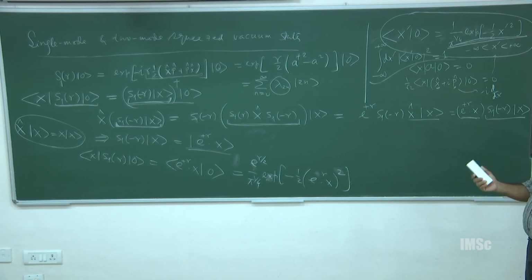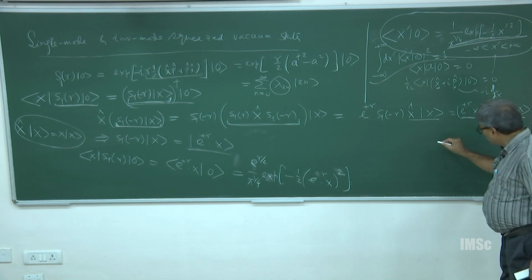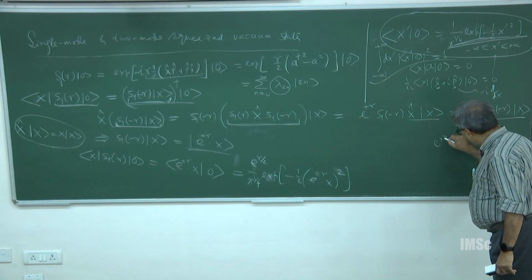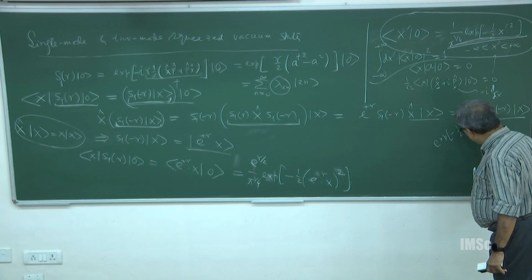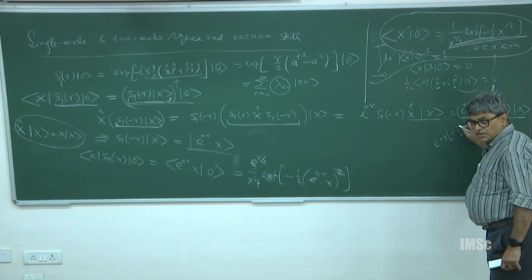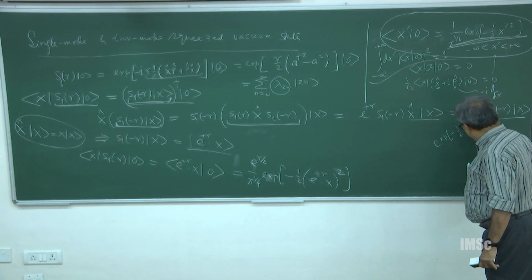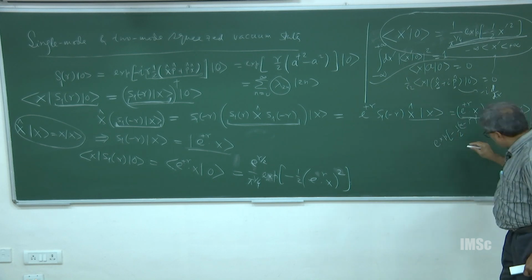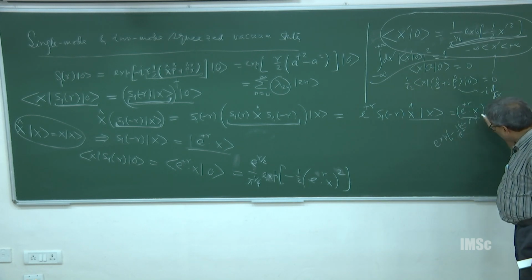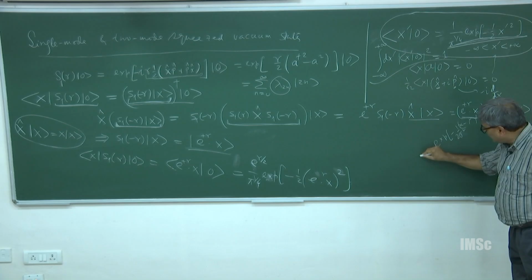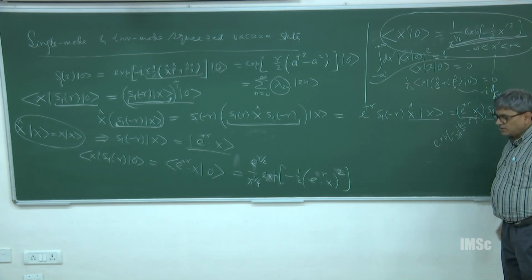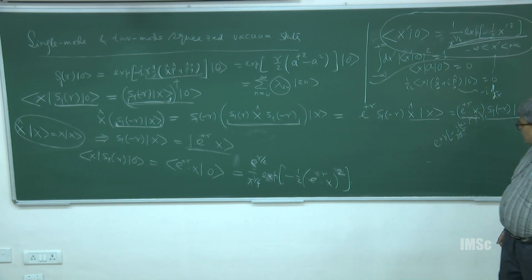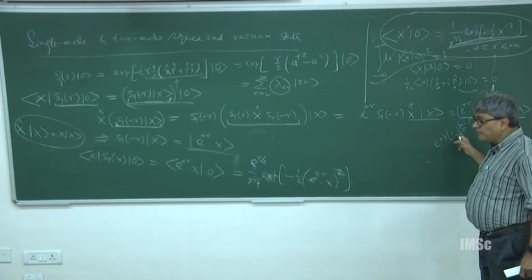If you take the standard Gaussian, it is exponential of minus x square by 2 sigma square, right? Then you will have to do the normalization here. So this sigma square you will have to figure out.